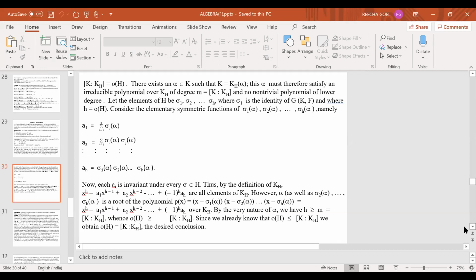Okay. Now, there is a connection between the coefficients of a polynomial and elementary symmetric functions.